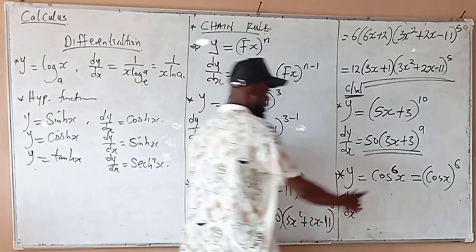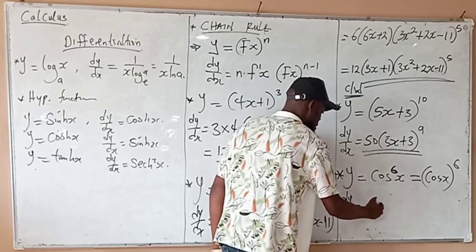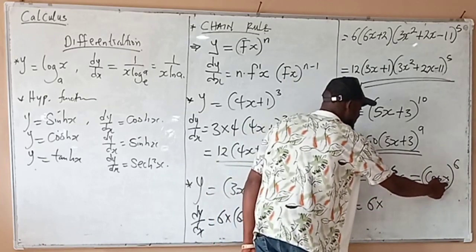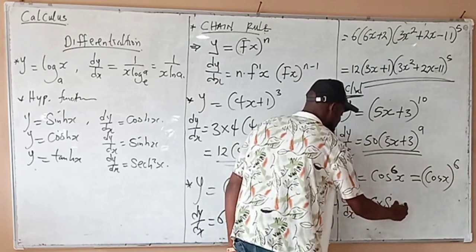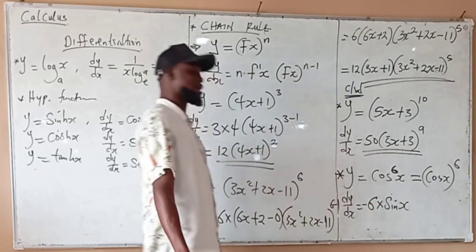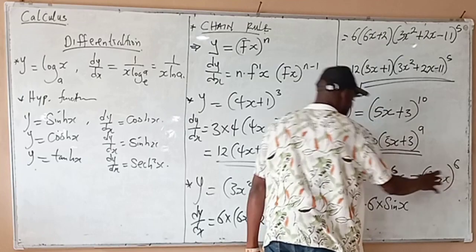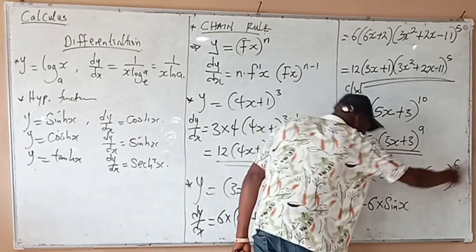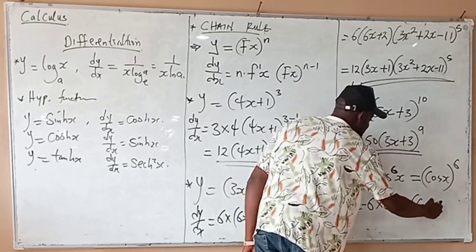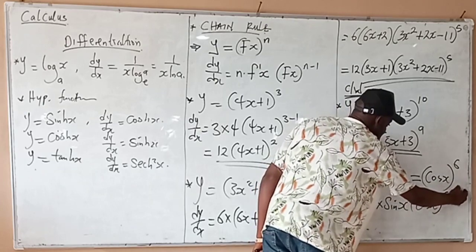So if you want to do this now, we're going to have 6 multiplying the differentiation of cos x, which is minus sin x. So we use 6 to multiply with the differentiation in the bracket, we have minus sin x. Then repeat the question again, cos x, then we move on to the power, which is 5.